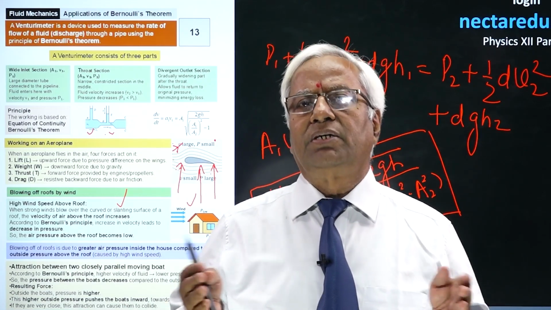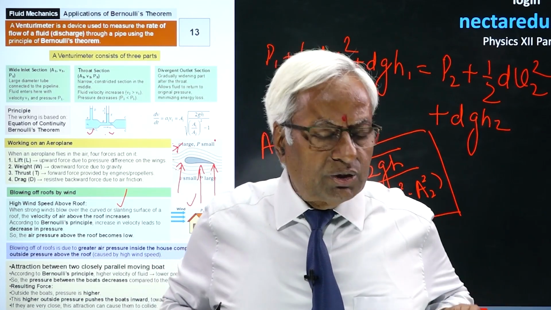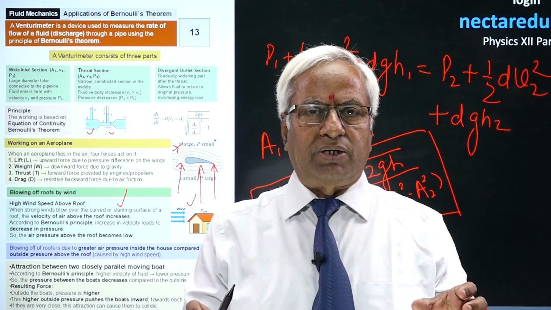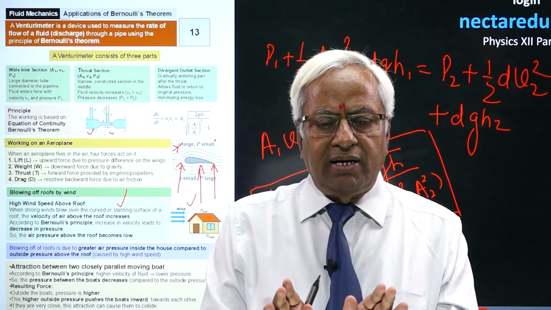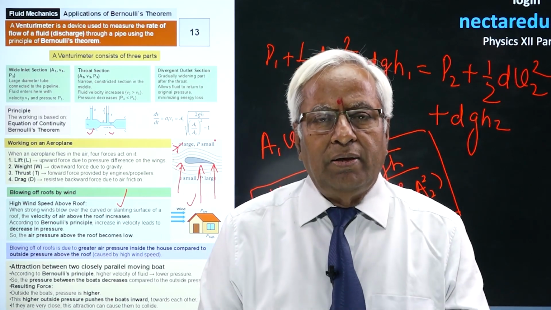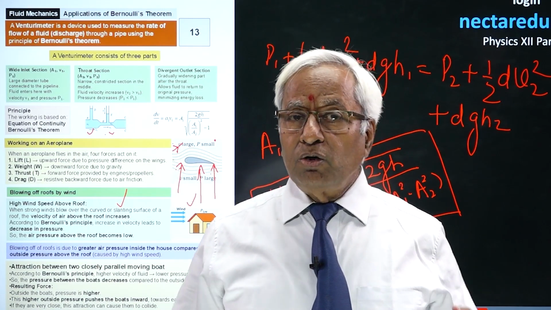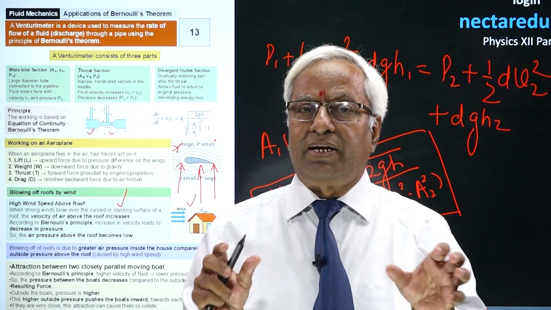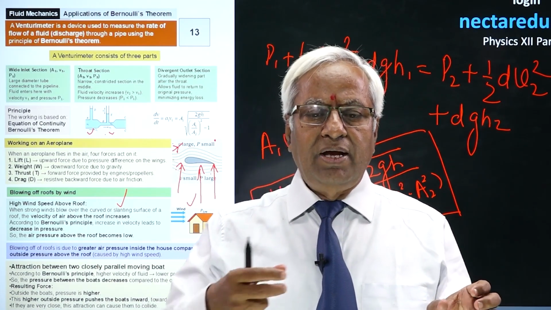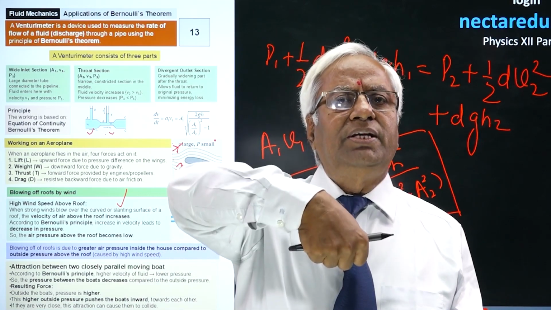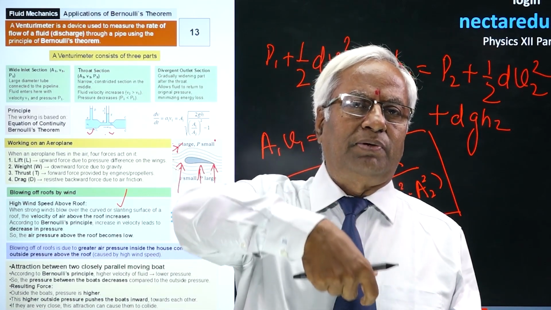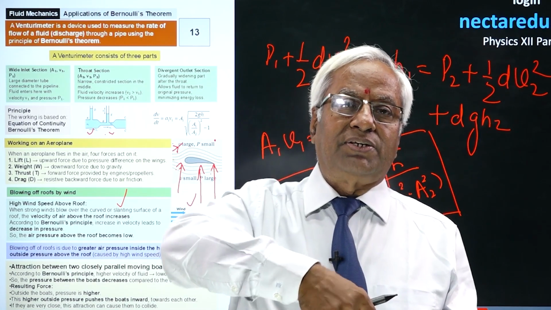When the buses are moving in the same direction, the air between them will also be moving in the same direction. And because both the velocities are in the same direction between the two buses, that velocity will increase and obviously the pressure will decrease. You see, it's very interesting.